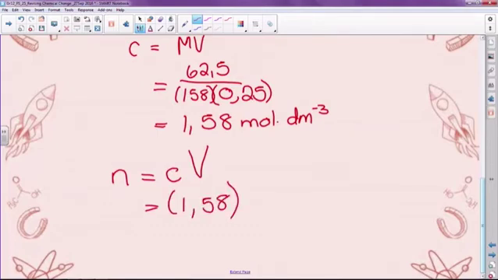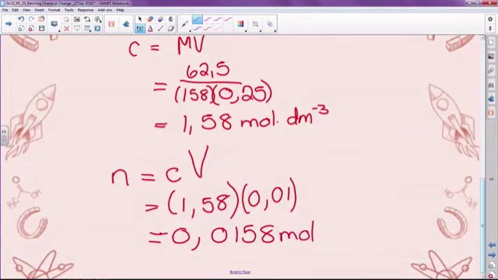The volume of the solution is 0,01. I don't use the 15 centimeters of water, okay, because that doesn't change the number of moles. That just dilutes it. That changes the overall concentration. But I took of my original, I took 10 centimeters cubed. So actually, I'm working with, and it's a really horrible number, 0,0158 moles of sodium thiosulfate.